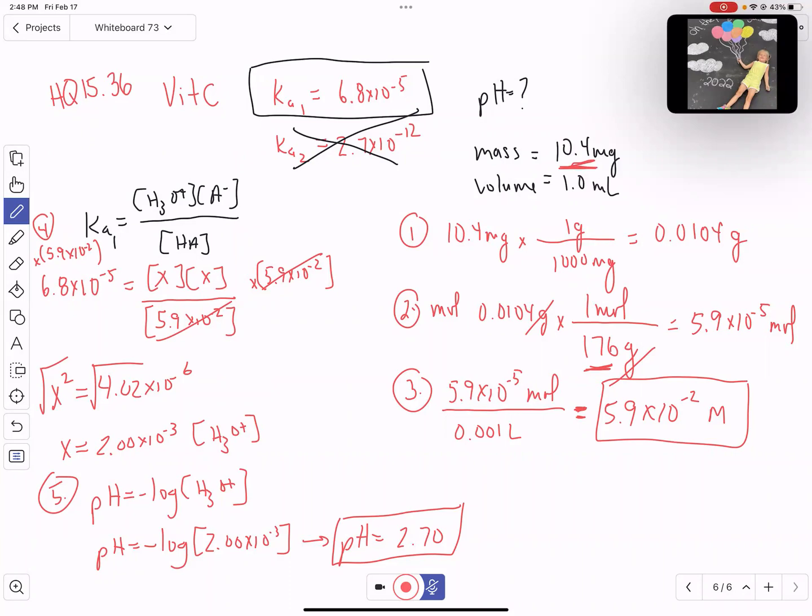And then once I find the concentration, this is the problem that we've practiced a few times now: given concentration and given Ka, what's my hydronium concentration, and what's my pH from that? So yes, a little bit of an involved problem, to find concentration first before we find the pH of that solution.